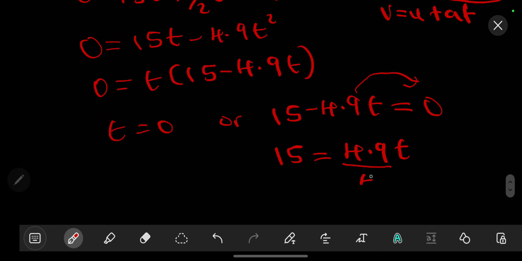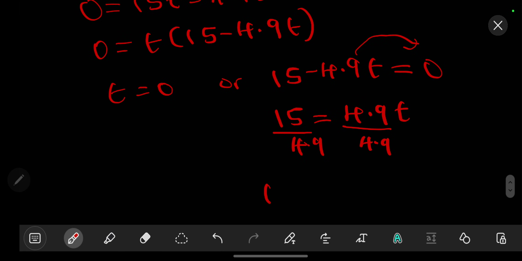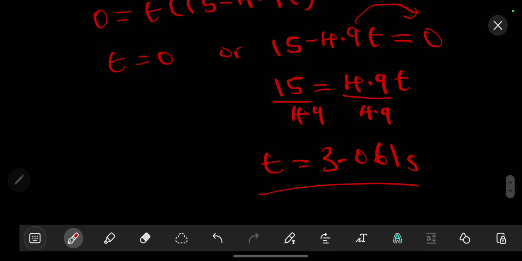So we divide over 4.9. Our t should be equal to 15 divided by 4.9. This will give us a value equivalent to 3.061 seconds. So this is the flight time it takes.